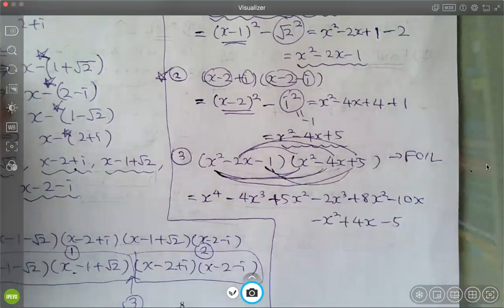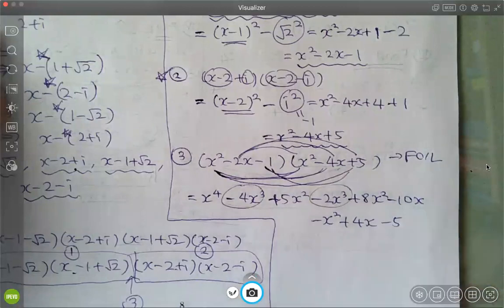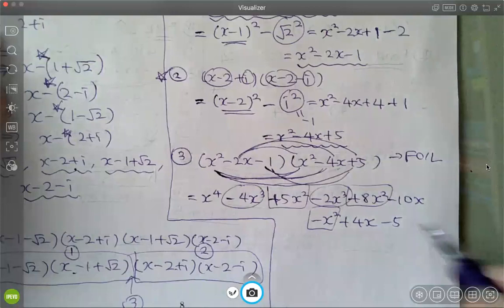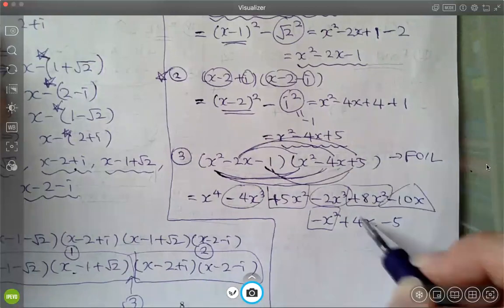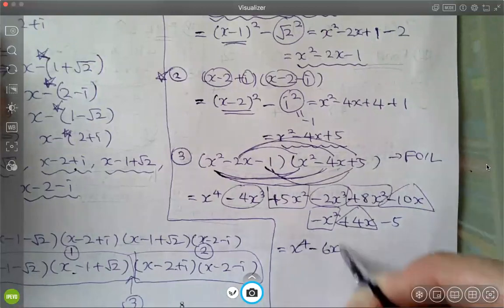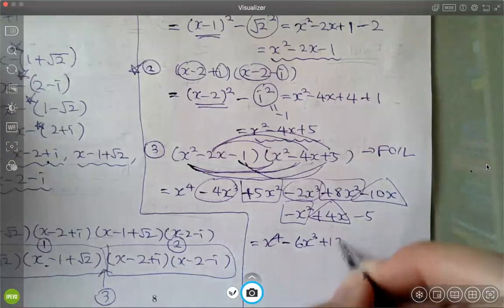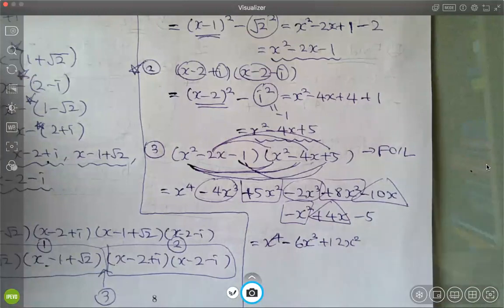Okay, it was kind of long, but it's not too terrible, right? And now you just have to combine like terms. So this, and then this, and this, and then these two, right? So what do you get? x to the fourth minus what? 6x cubed, and then plus 12x squared, and then what?